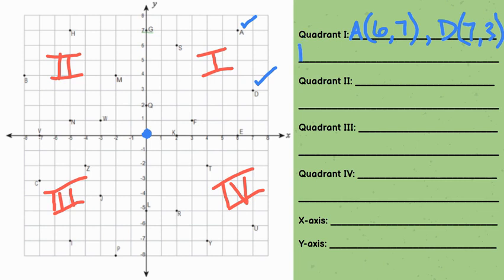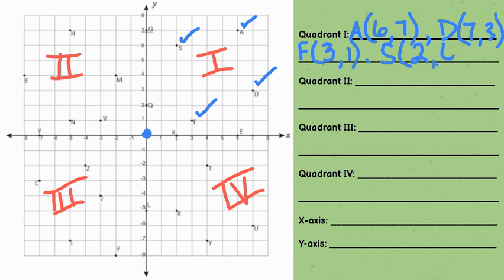Okay, we have another one, letter F. We start at the origin, go over to 3, up to 1. And I'm putting check marks next to them to know that we've already done them. And then S. So writing the letter S, parentheses, we're going to go from the origin over to 2 and up to 6.